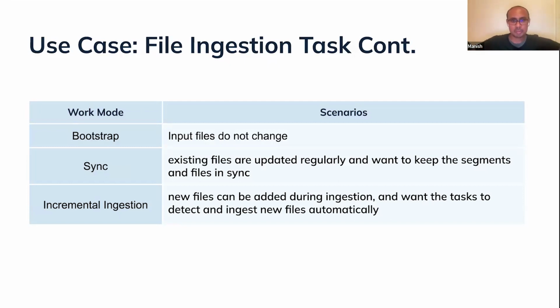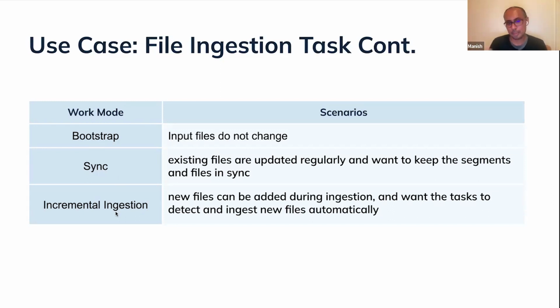So we have a one-to-one mapping between file and segment, but there is a managed Minion task that keeps looking at this input directory for any changes. If there are any changes, it goes and syncs the input directory folder to the Pinot table, so it's always kept in sync. This is a very powerful mode that some of our customers use. The third one is incremental ingestion. This is not the sync mode. There are no updates here.